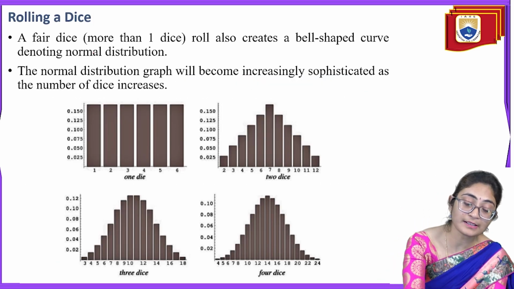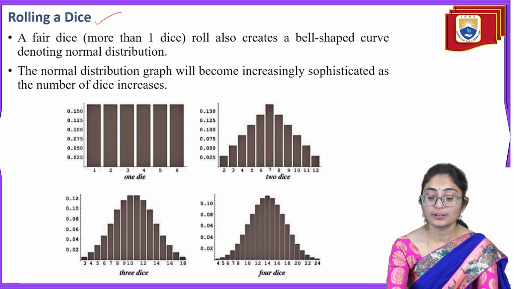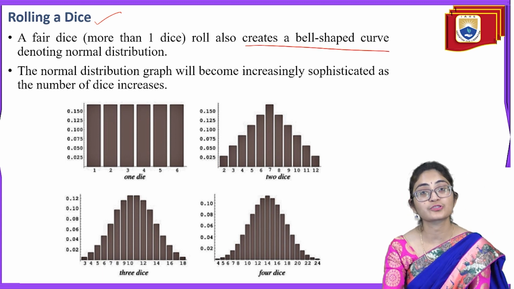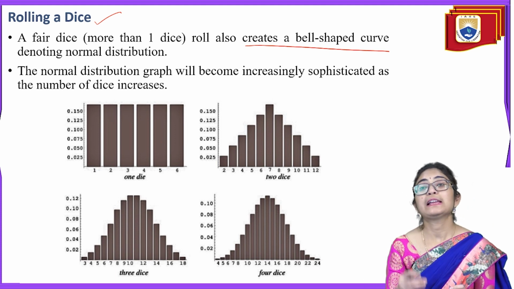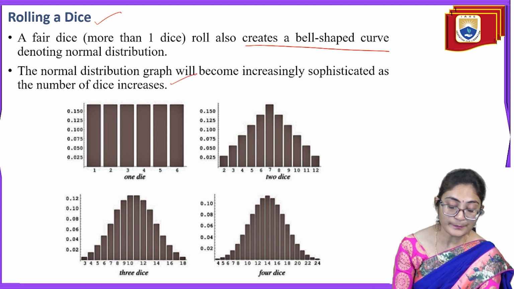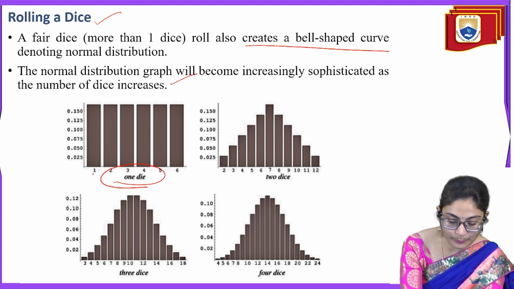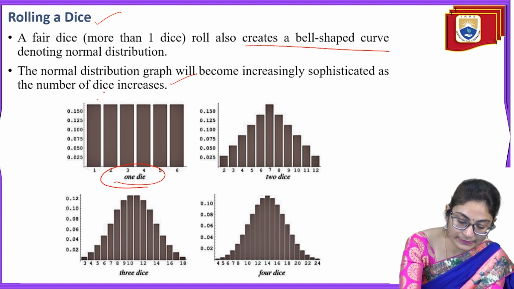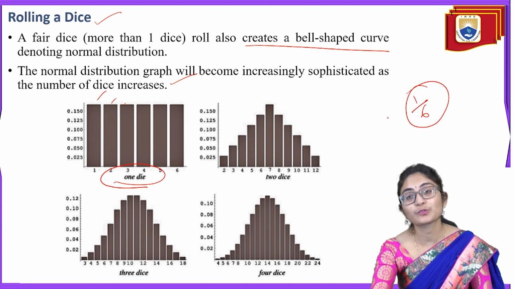Now we will see another example, rolling dice. A fair dice roll also creates a bell-shaped curve, which denotes the normal distribution, and this graph becomes increasingly smooth as the number of dice increases. When you roll one die, you can get only 6 possibilities, and every time you get a 1 by 6 probability.